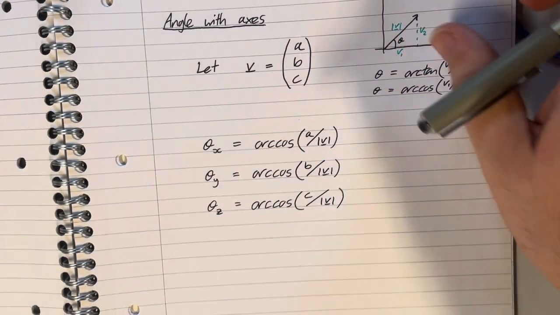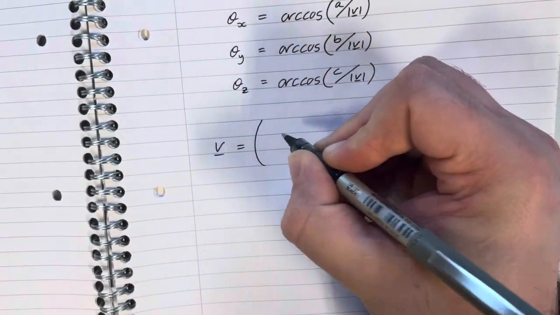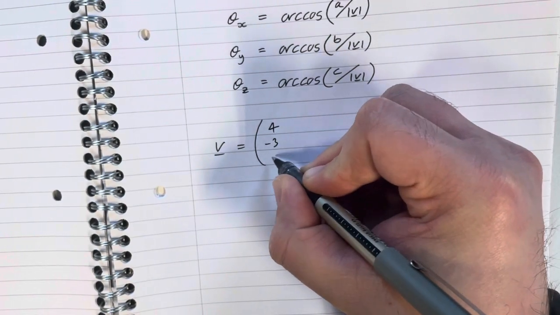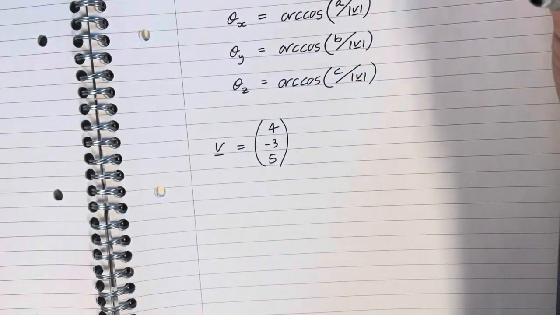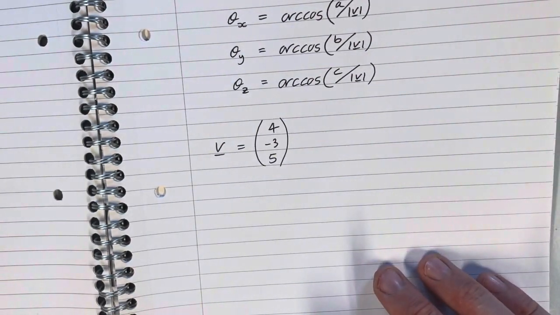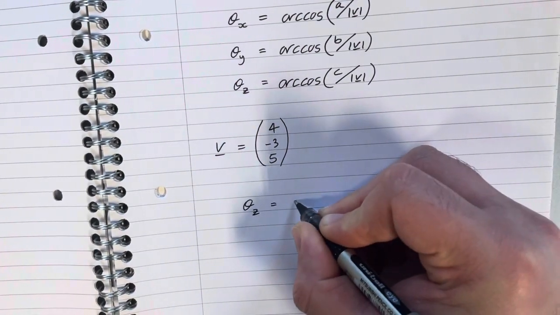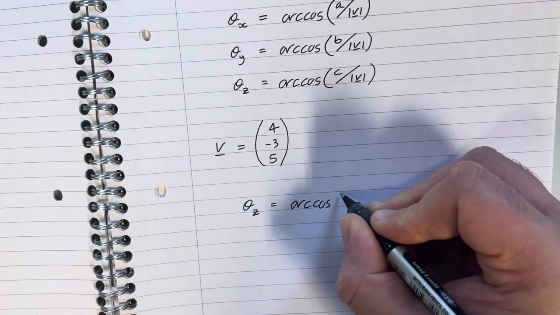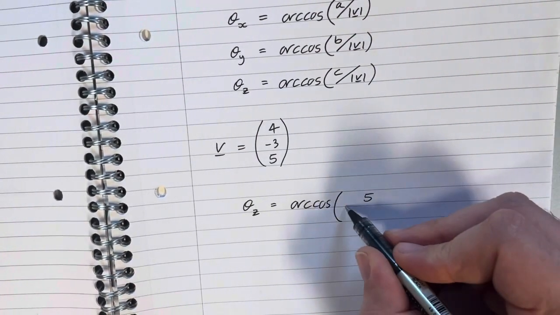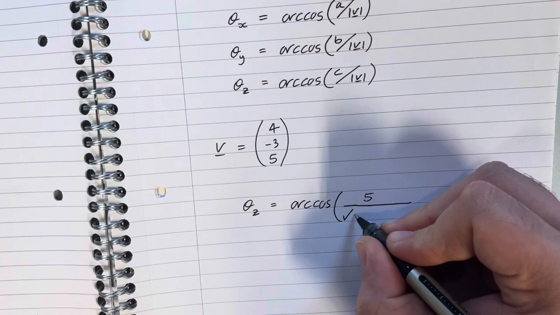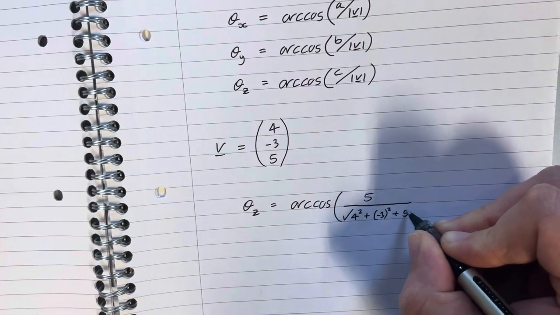Okay, so a quick example. Let's say v is the vector (4, -3, 5), and we wanted to find the angle of that with the z-axis. Then this is going to be the inverse cosine of 5, which is the z component, divided by the square root of 4 squared plus (-3) squared plus 5 squared.